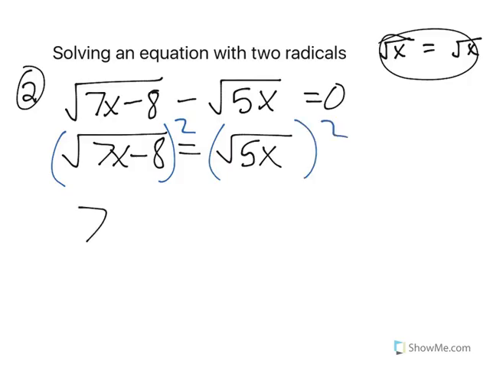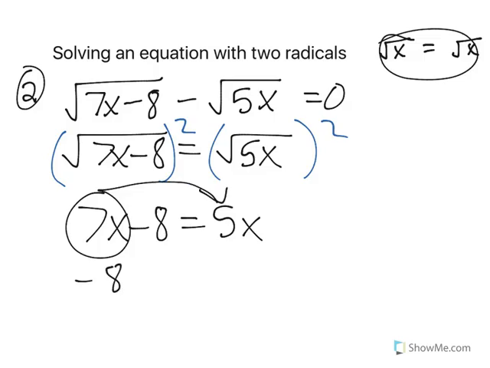And we will have 7x minus 8 equals 5x. So let's bring this 7x over. So we have negative 8 equals negative 2x. Divide both sides by negative 2, and we get x equals 4. So now you can go ahead and check it.